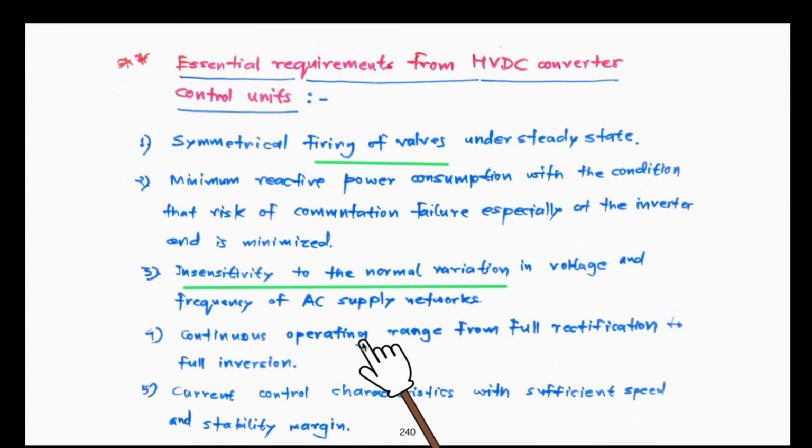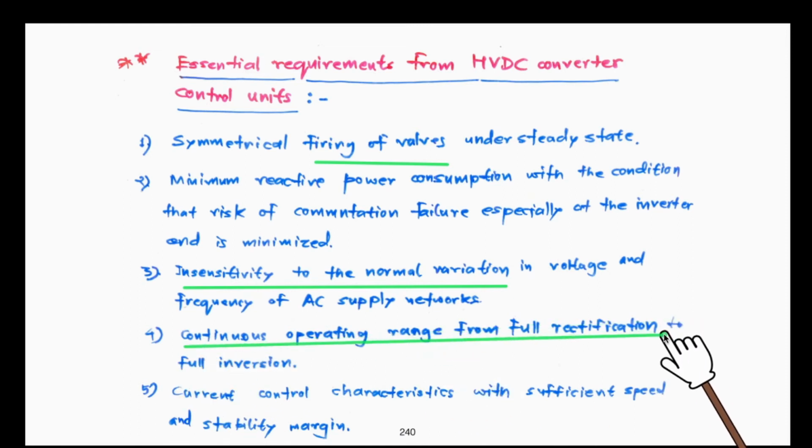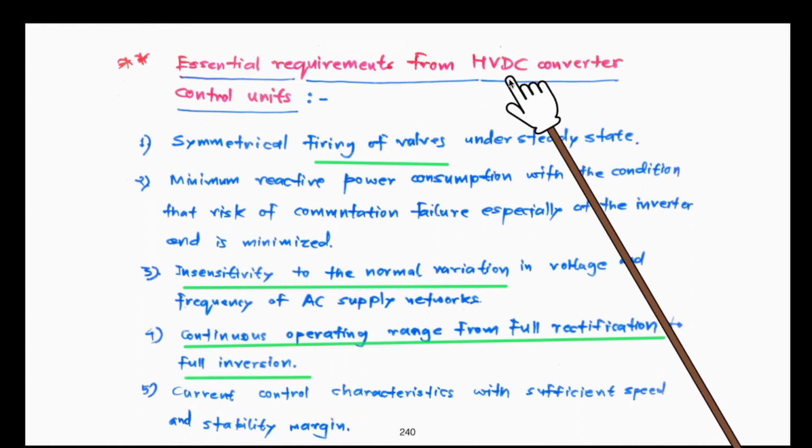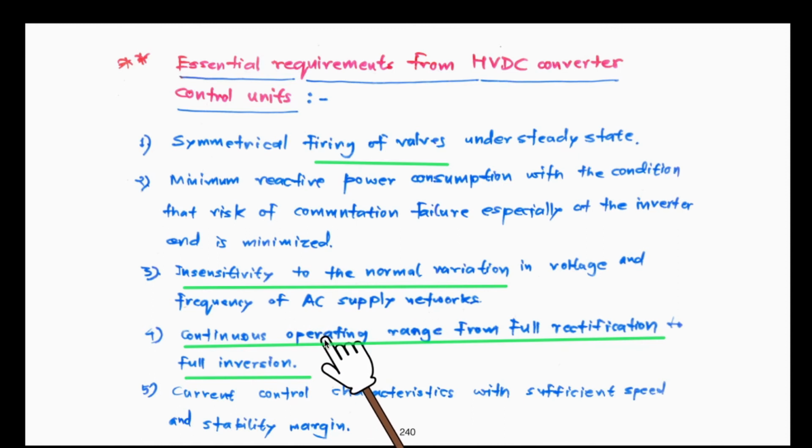Next, the converter control unit should be able to provide a continuous operating range from full rectification to full inversion. That means the firing angle's full range, 0 to 90 and 90 to 180, should be available, from full rectification to full inversion mode of operation.